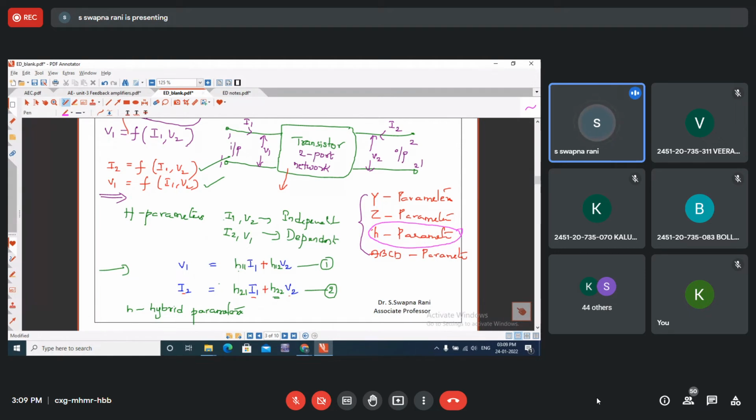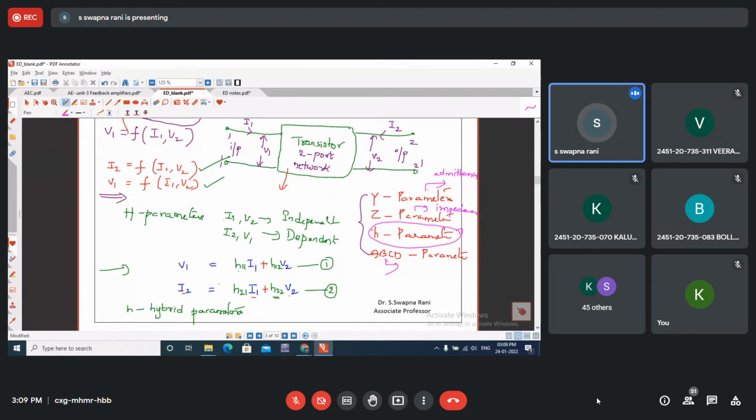It is not possible with the other parameters, because if you take Y parameters, all four will be admittances only, and if you take Z parameters, all four will be impedances only. The same goes for ABCD parameters. We don't want all impedances or all admittances. We want to know the gains of the amplifier and, in addition, the input and output impedances.